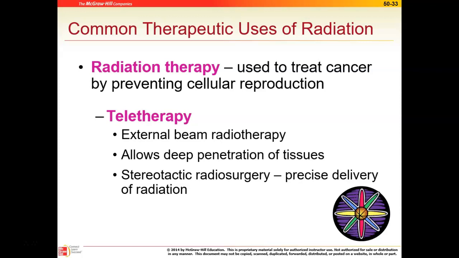The problems that can come from radiation are sometimes, if it isn't precise enough, it can damage outside healthy tissue, as well as causing sometimes radiation burns like a sunburn. So there are side effects that can come from radiation therapy. Sometimes it can actually shut down surrounding organs.